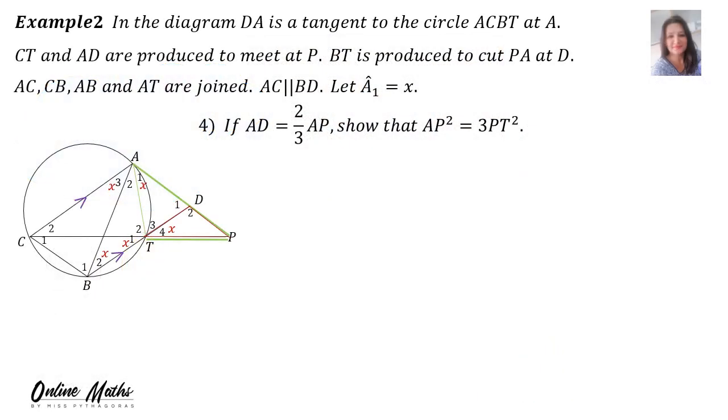Question 4 says, if AD is equal to 2 over 3 AP, show that AP squared is equal to 3PT squared. Now, in the previous sum, we decided that triangle PAT was similar to triangle PTD because they were equiangular.